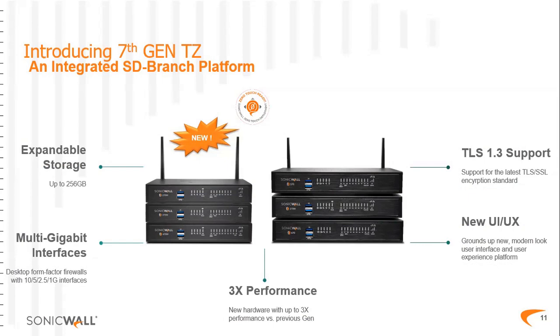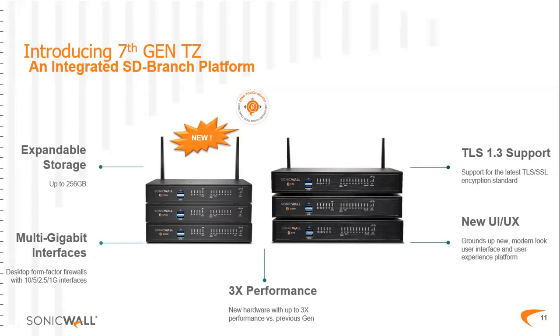They also have 3 times better performance than the previous generation, which is the Gen 6 firewall. It also provides TLS 1.3 support, so it supports the latest TLS or SSL encryption standard.